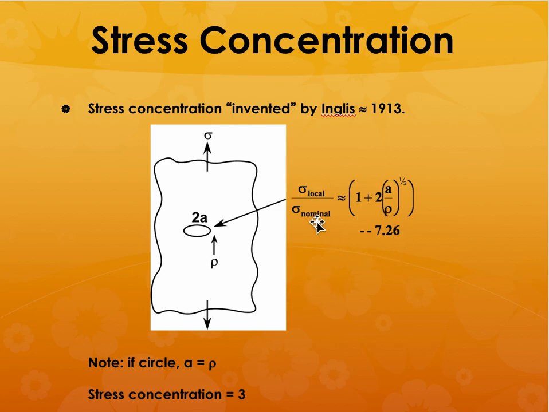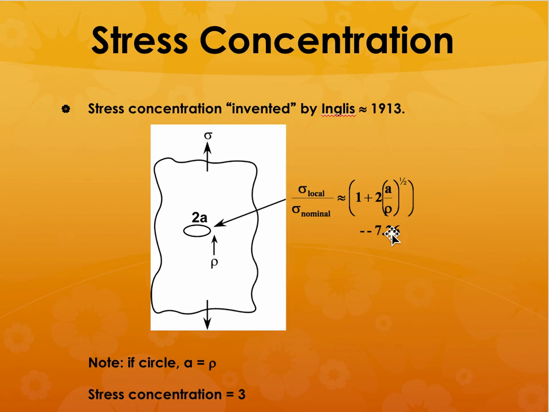Okay, so you can actually calculate the ratio between the stress at this edge versus the nominal stress that you are applying. It is approximately equal to, according to Shigley, this much. So if it is a circle, a is equal to rho.